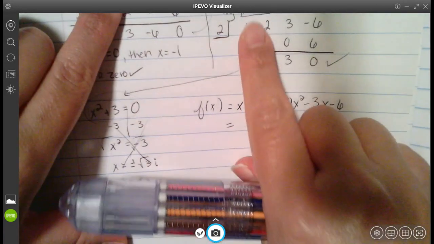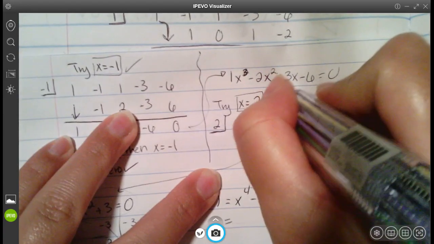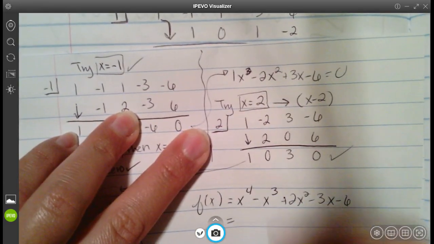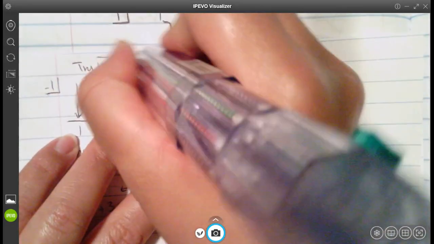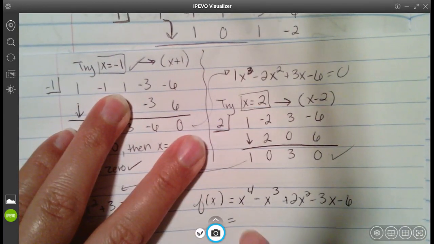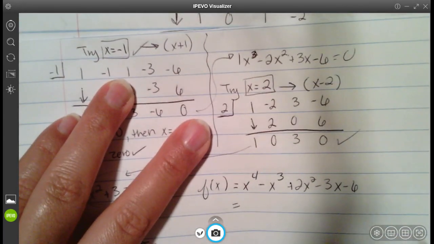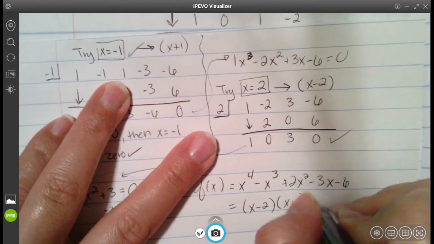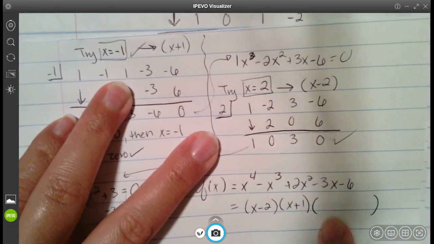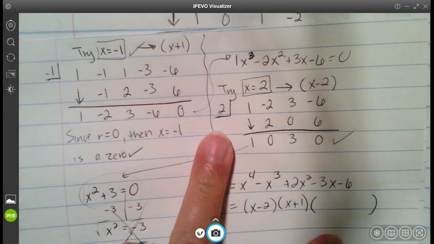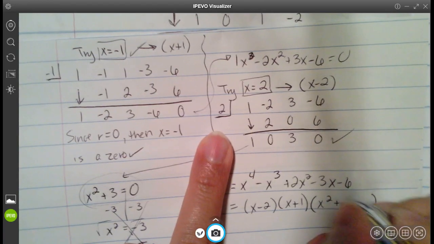My two zeros were x equals 2, which in factored form would be x minus 2, and x equals -1, which in factored form would be x plus 1. So I'm going to put those two here now: x minus 2 times x plus 1 times that last one that I found, which is not going to give me any zeros, x squared plus 3.